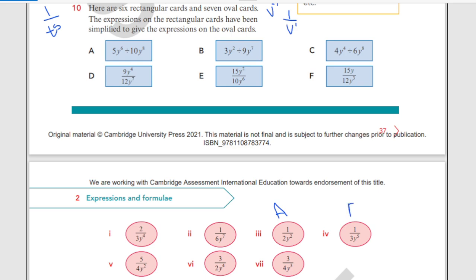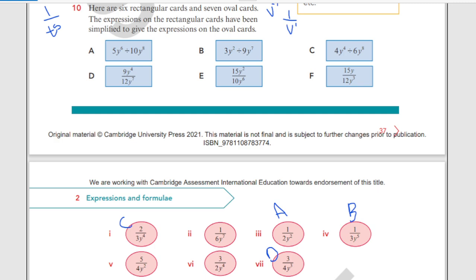This is B. Okay. For C, 4 divided by 6 will be 2 over 3, and 2 over 3 is in the ovals. Then 4 minus 8 will be 4. So this is C. For D, 9 over 12, you will simplify it. 9 comes in the 3 table: 3 3s are 9, and 3 4s are 12. So 3 over 4 is the expression for part D, and it will be this one, because 4 minus 7 will be 3.